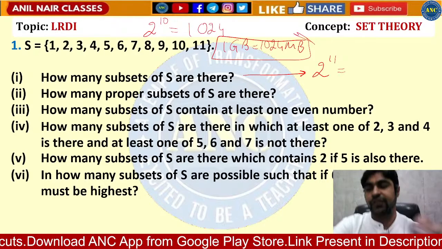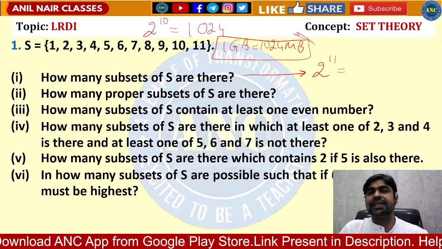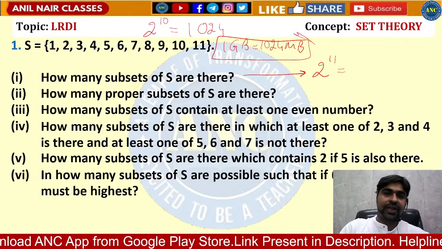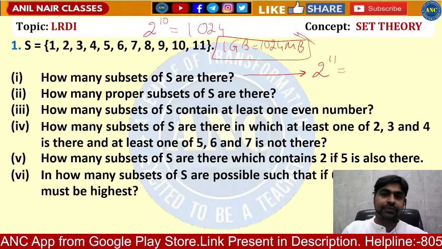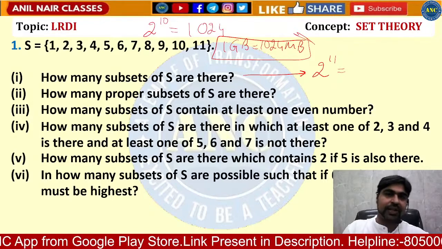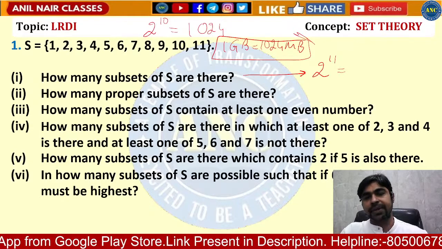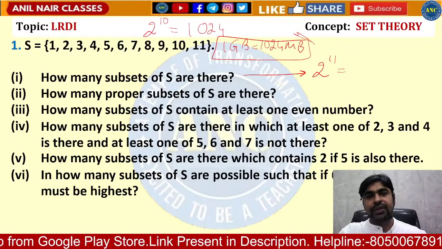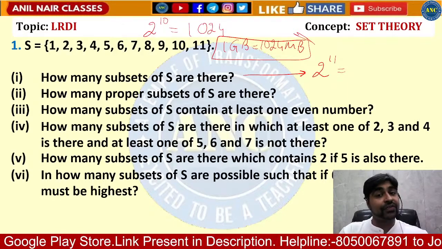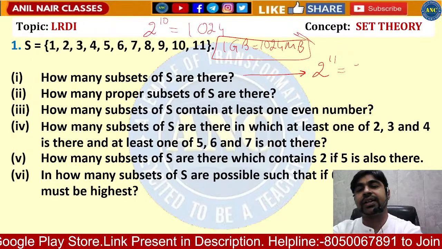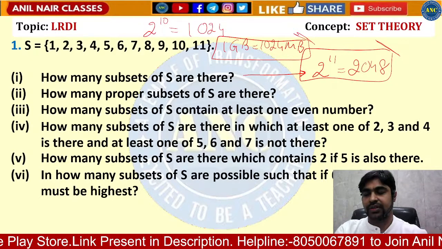If any of you is a computer engineer or related to studies of computers, everybody should know this: 1 GB is 1024 MB. So 2 to the power of 10 is 1024. So 2 to the power of 11 would be double of that, 2048. Just a way to remember it.